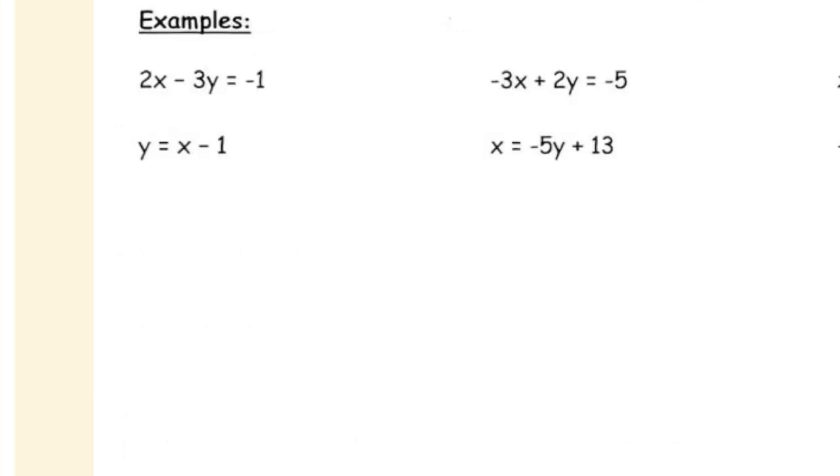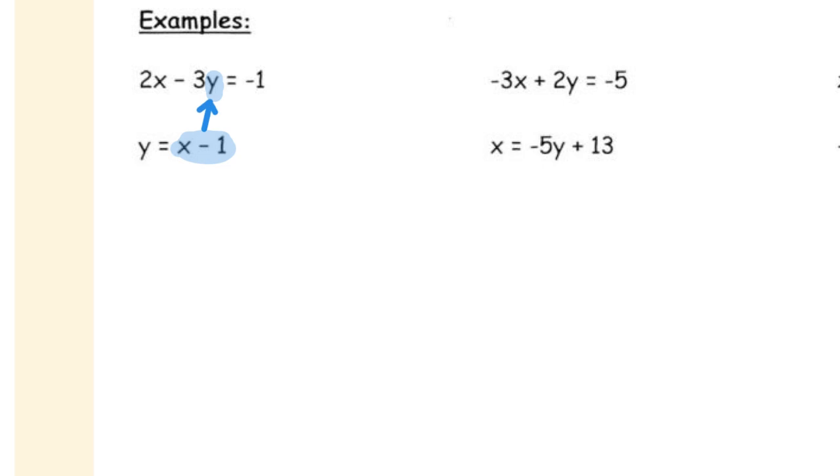So I want you to notice we're going to use those steps as a checklist. Step 1 said, do we have an x or a y equals? Do we have that? Yes, we have y equals. So I want you to remember if we're going to replace, so y is equal to x minus 1. So that means that I need to replace my y with x minus 1.